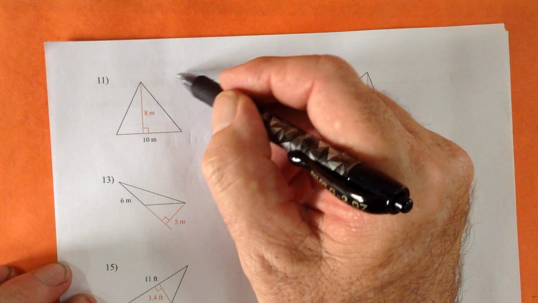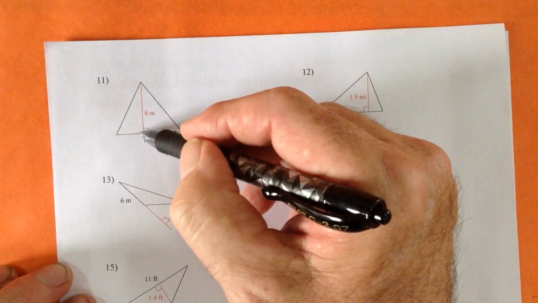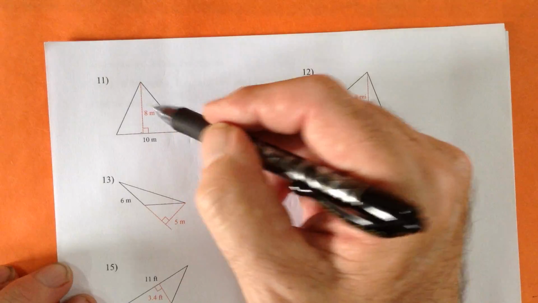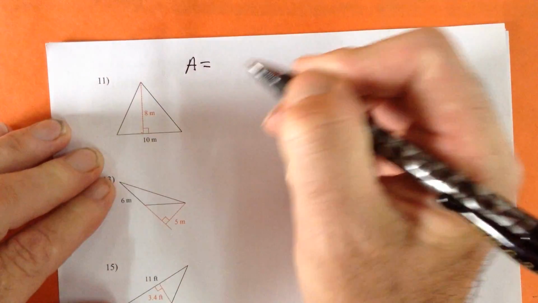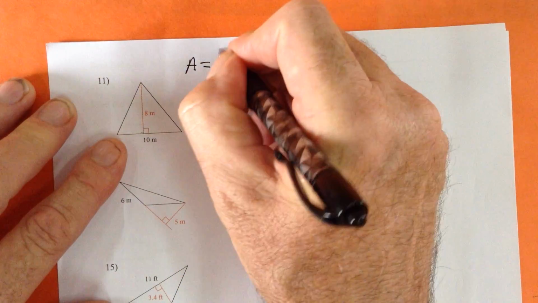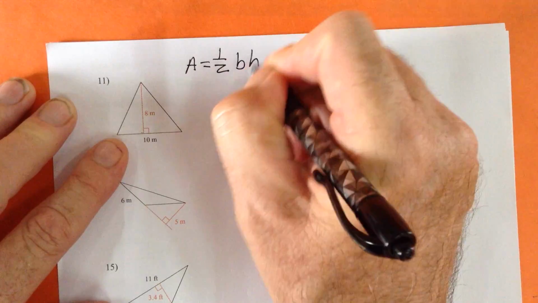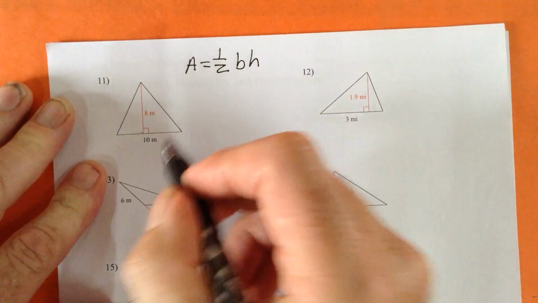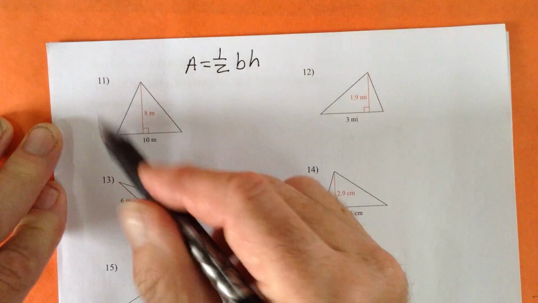So if you made this into a square and found the base times the height, then the area of the triangle is half of that. So that's why to find the area of a triangle, you take 1/2 of the base times the height. Okay? To find the perimeter, you have to add up all the sides.